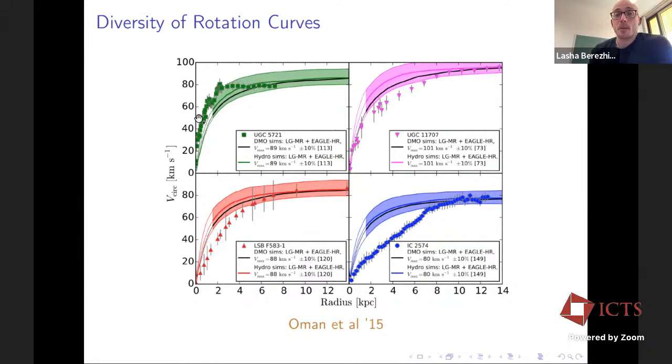And the question is, and it turns out that the galaxies that are hardest to fit, for instance, this last one here. So obviously, based on this, it seems that compared to this simple simulation, we have to introduce additional effects more in this galaxy than in the others, for instance, than this one.